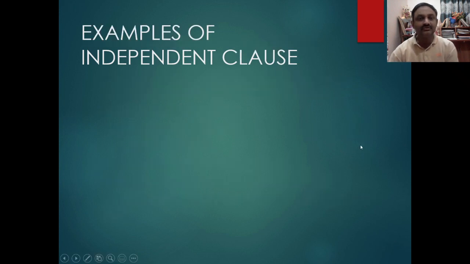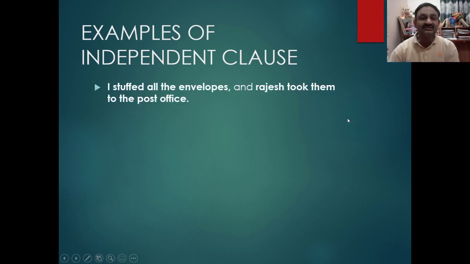Okay, so we can also understand this by an example. I stuffed all the envelopes and Rajesh took them to the post office. Now here the bold letters show that each sentence stands on its own, they are independent and not dependent on the other sentence. But when they are joined together by a coordinating conjunction, and Rajesh took them to the post office. So if you club together the whole sentence, it looks like: I stuffed all the envelopes and Rajesh took them to the post office.